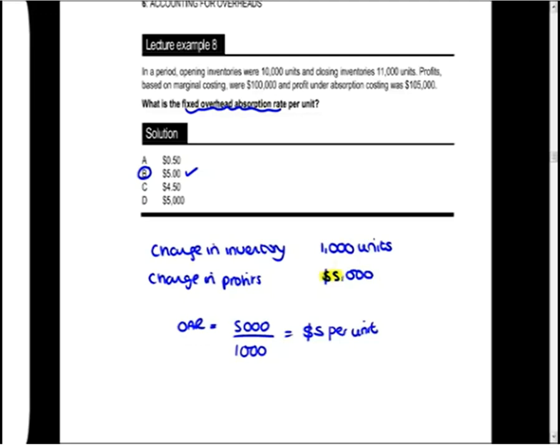So if we worked out 5,000 and stopped before we'd done the final step, then we would have selected answer D. If you'd been having a silly moment and got your formula the wrong way up, so done 1,000 divided by 5,000, you could have got answer A. So it's worth bearing in mind that just because you get an answer that is listed doesn't necessarily mean that it's going to be correct. You need to ideally work through your calculations and only look at the options once you're satisfied that you've done all of the necessary steps.